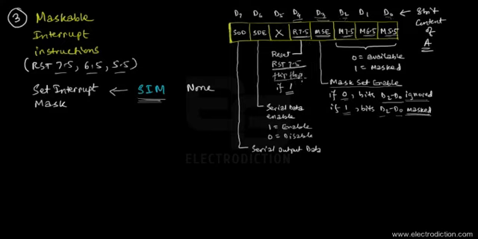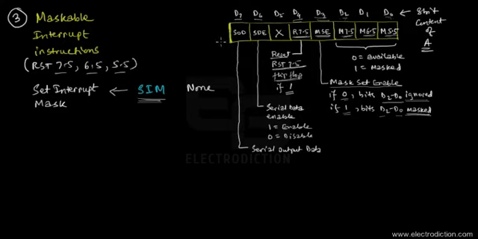Now bit D5 has no importance over here, so it's a don't care, as indicated by the cross symbol. And then this SIM instruction also enables serial data transfer. It uses the bits D6 and D7 of the accumulator data byte for this particular operation.